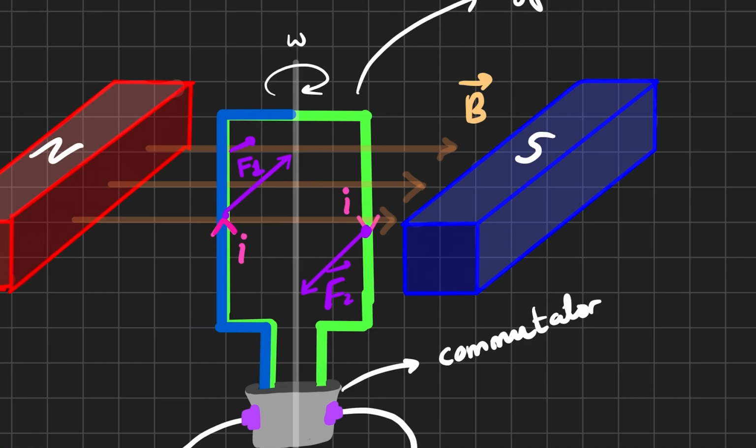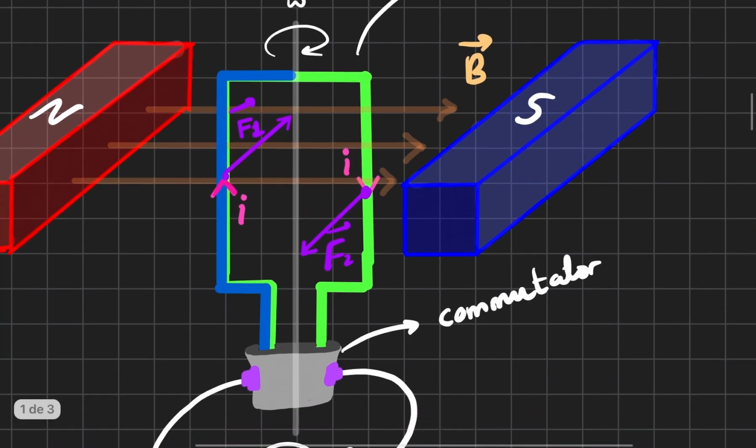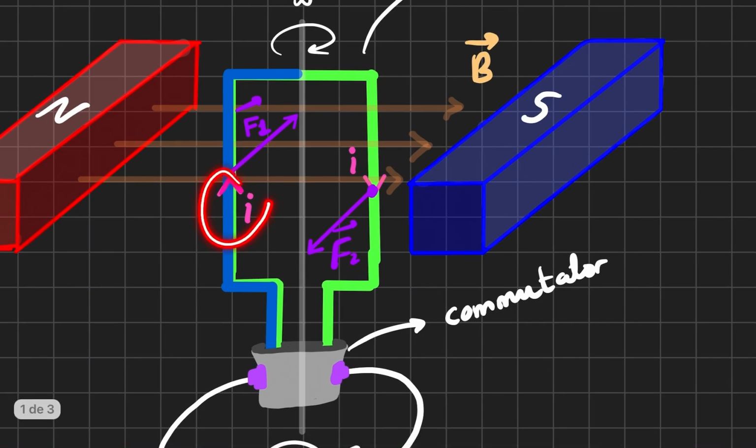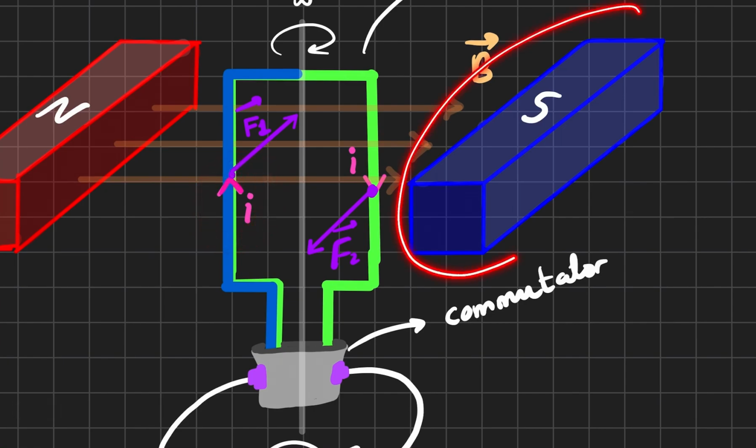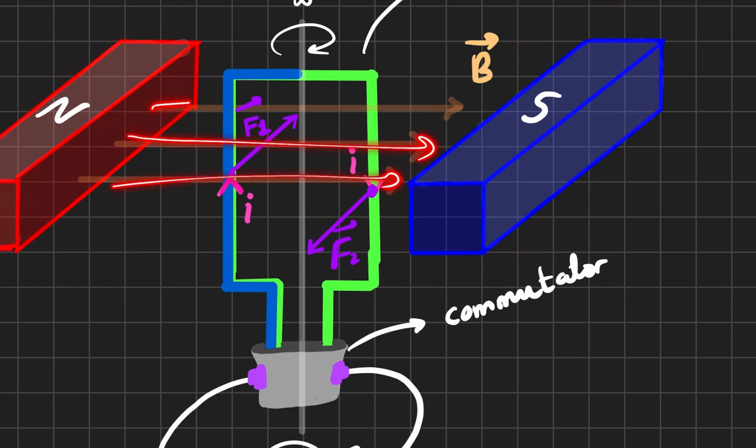If this one here is pushing inward and this one here is pushing outwardly, then the coil will be rotating like this, okay? So you can see now how a coil which is traversed by an electric current and is placed between two magnets in a uniform magnetic field will rotate.